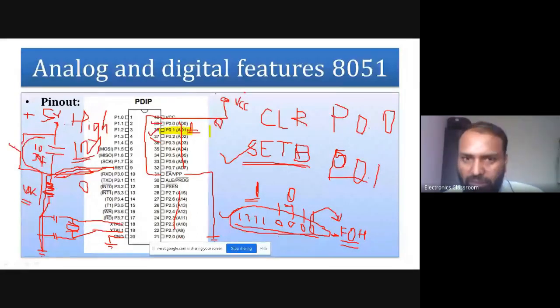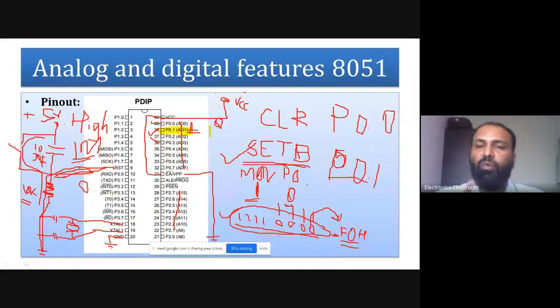But what happens in case of a byte level instruction? Whenever I use MOV, I will write P0 here. I can't write P0.1 because MOV will use a complete group of 8 bits.